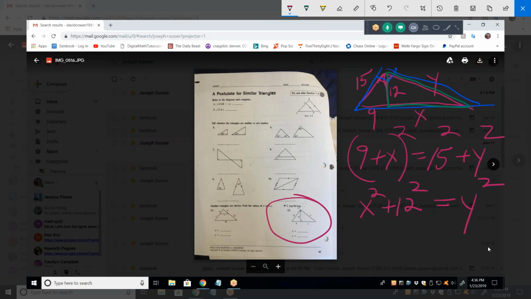Well, let's go ahead and expand the top one. So we get 81 plus 18x plus x squared, right? Equals 225 plus y squared. Now, y squared is equal to x squared plus 144, right?